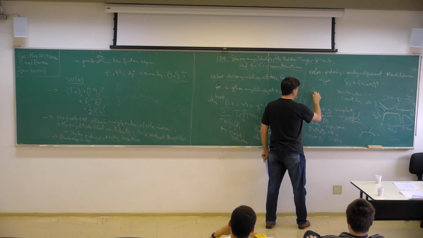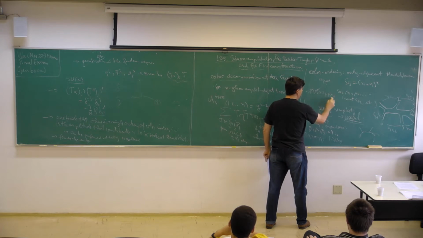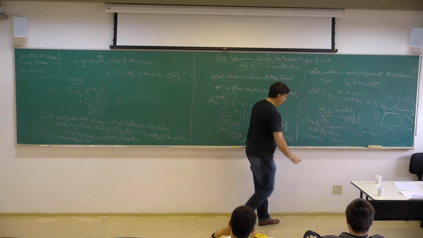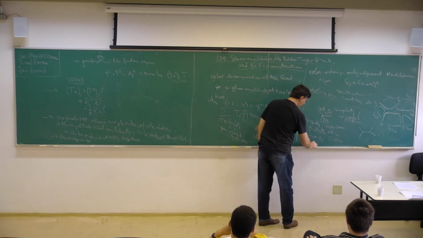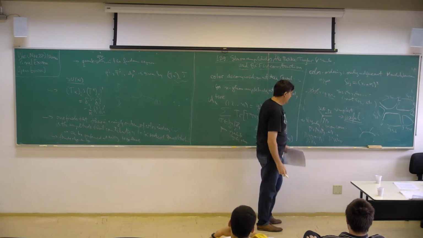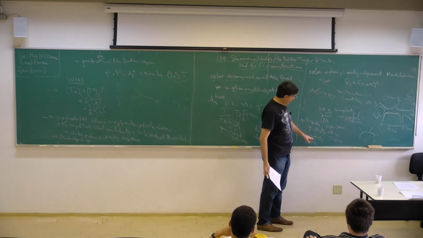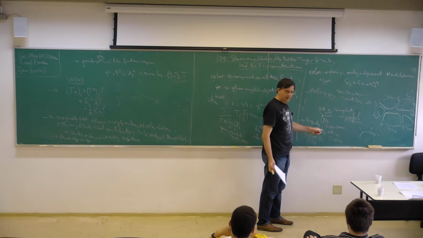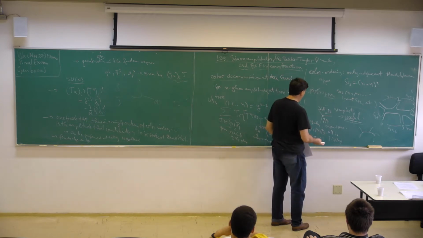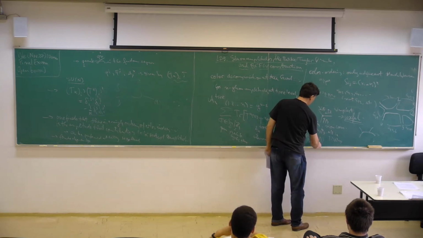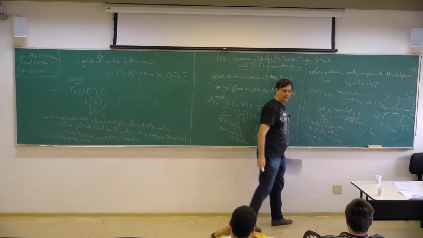But that means P1 squared plus P2 squared, which are 0, plus 2 P1 dot P2 is equal to 0. So P1 is parallel to P2. And repeating the argument, you see that all of them are parallel. So P1, P2, P3 are all parallel.